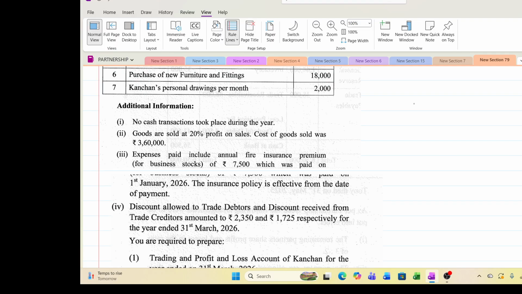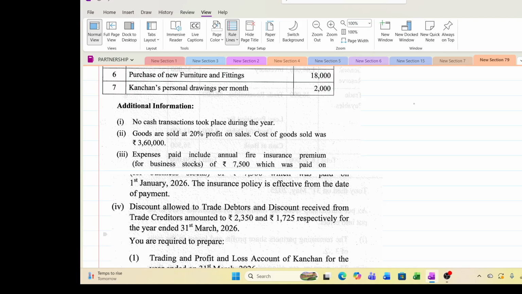Expenses paid include fire insurance premium of stock of 7,500, which is paid on 1st January. Generally, whenever the insurance premium is paid, it is paid for 1 year from the date of payment. The insurance policy is effective from the date of payment. So it is only from 1st January it is effective.